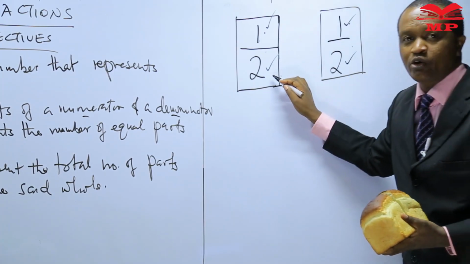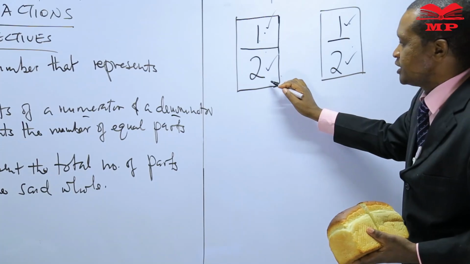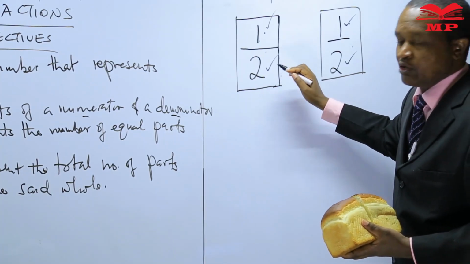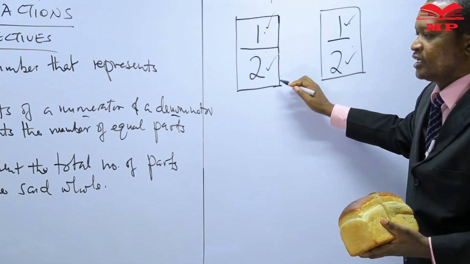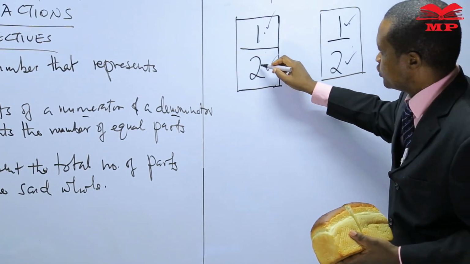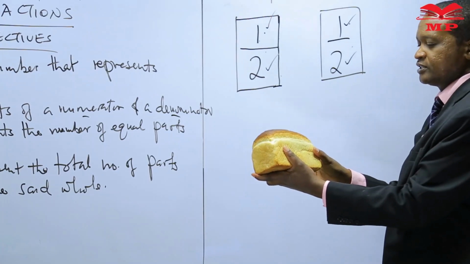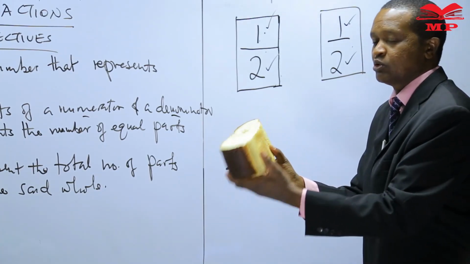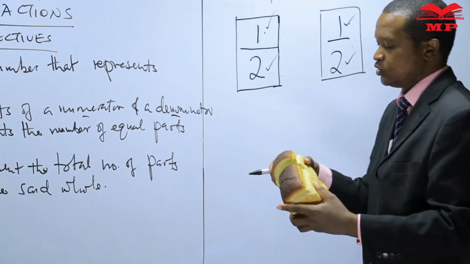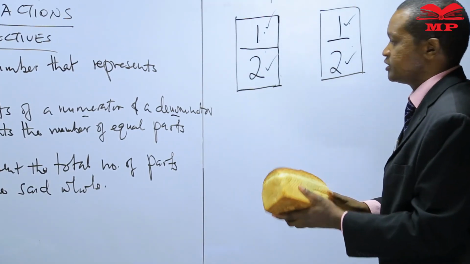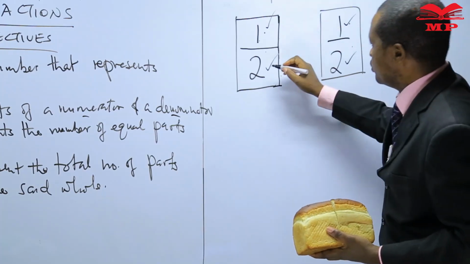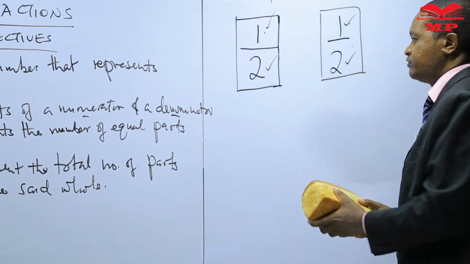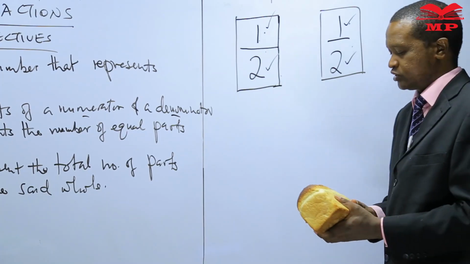Then there is the denominator. The denominator represents the total number of parts that make the said whole. In our case, the total number of parts is 2, 1 and 2. So a half and a half, these are fractions.